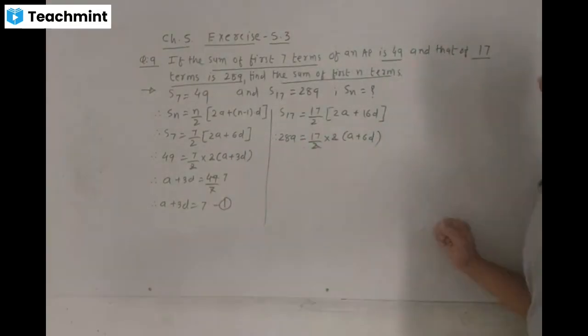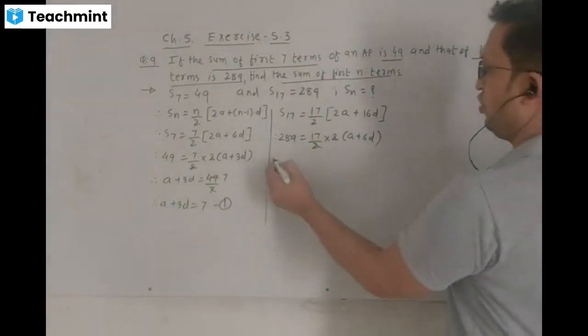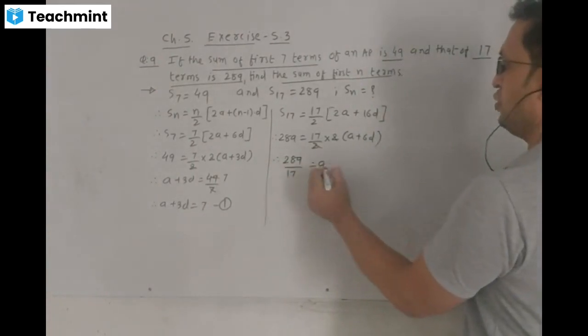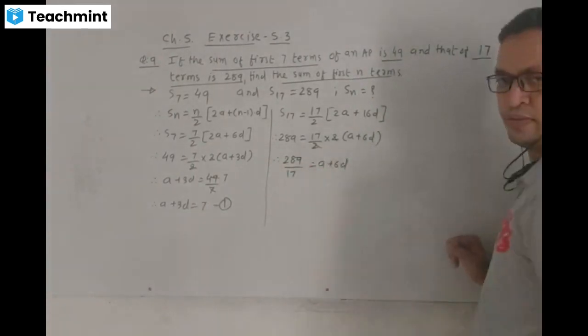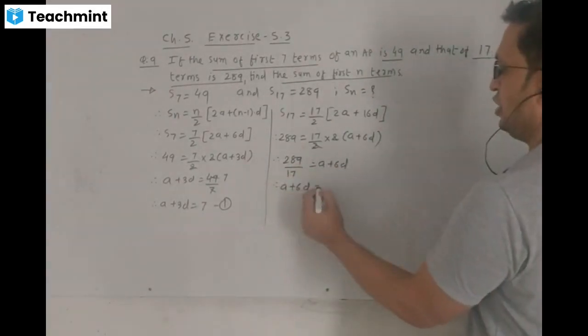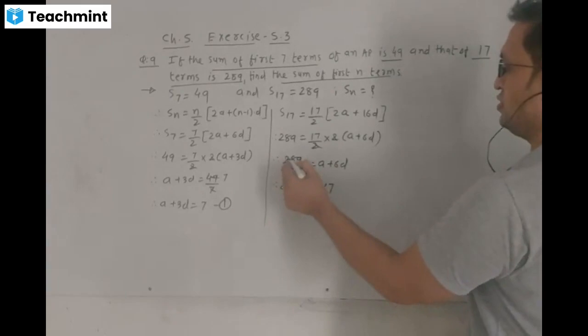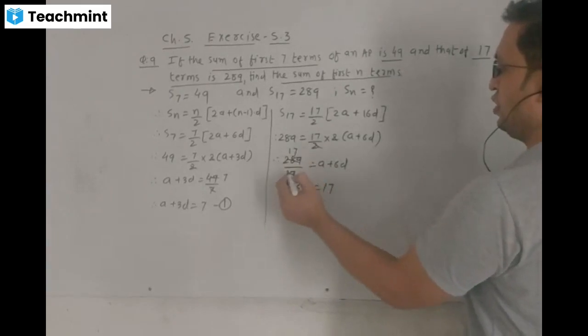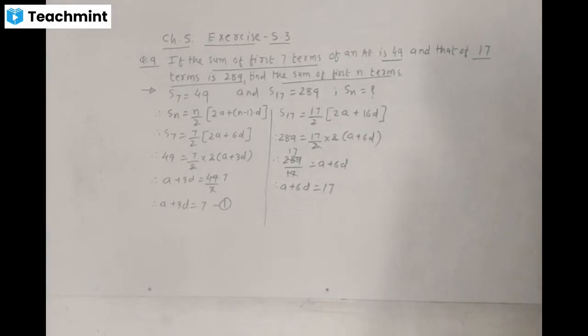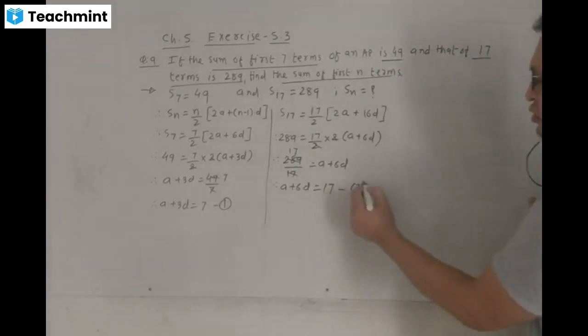Here 2, 2 is cut. Therefore, 289 divided by 17 is equal to a plus 8d. Therefore, a plus 8d is equal to 17, and 17 times 17 is 289, because 289 is 17 squared. That is the resulting equation 2.